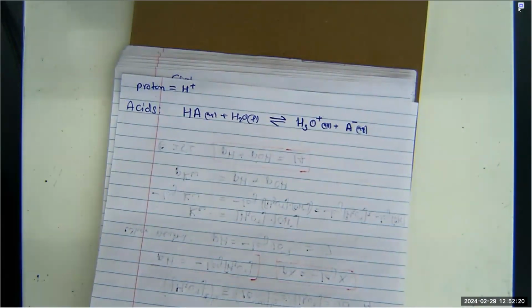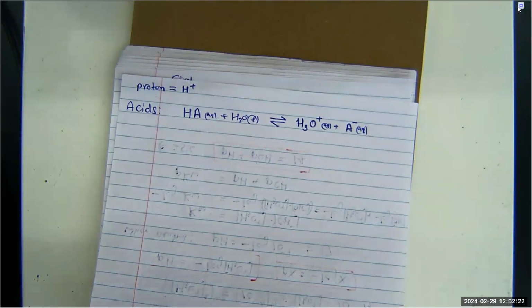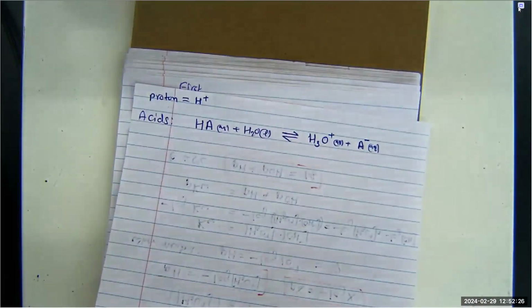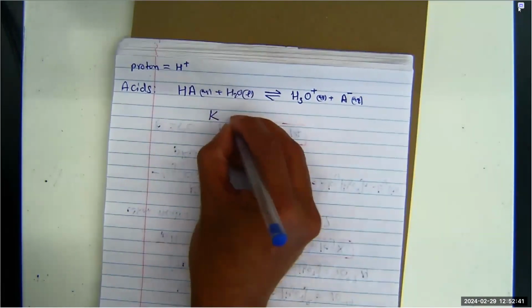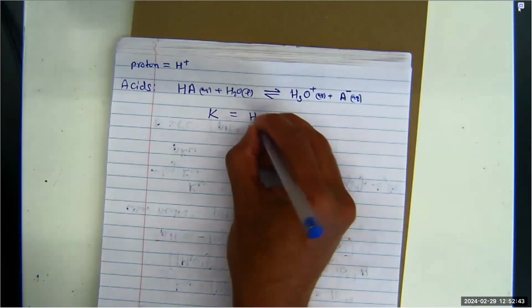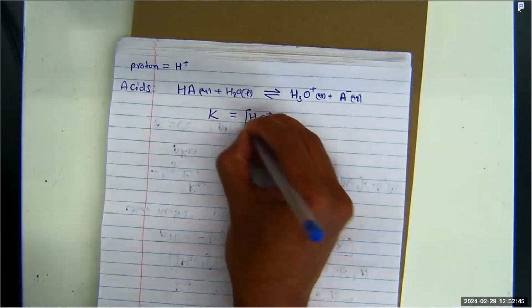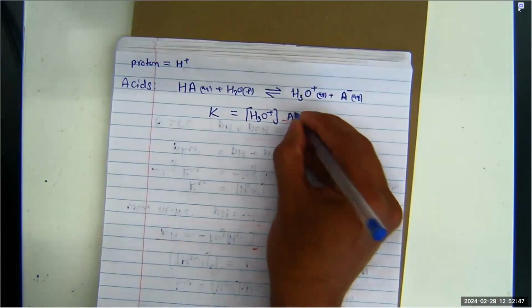Okay, and then what we can do is while we are at this, you can see that we have an equilibrium here, right? If you have an equilibrium, what can I write next? For an equilibrium, I can write, thank you, the equilibrium constant expression, right? So I'm going to say K for this is equal to H3O plus concentration times A minus concentration.